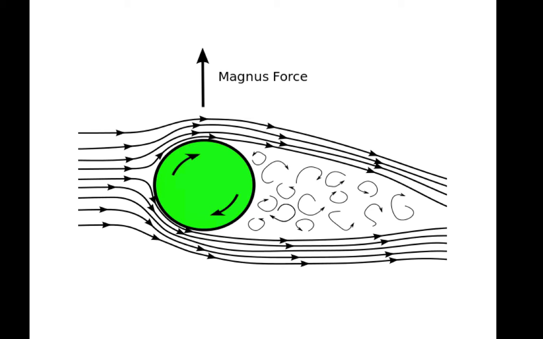If you think about what is happening at the lower part of the baseball, right down here, we've got the boundary layer stuck right onto the baseball. And then the boundary layer is going to push air just above it in the direction opposite the direction that the fluid is flowing across the baseball.